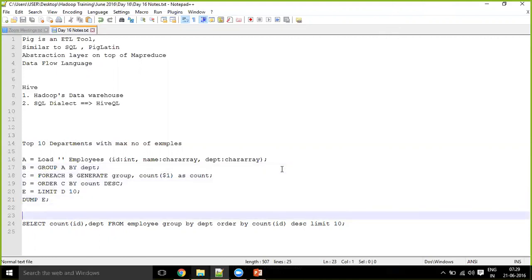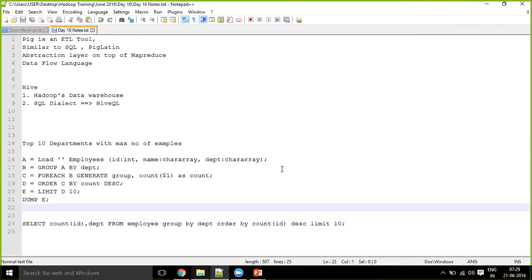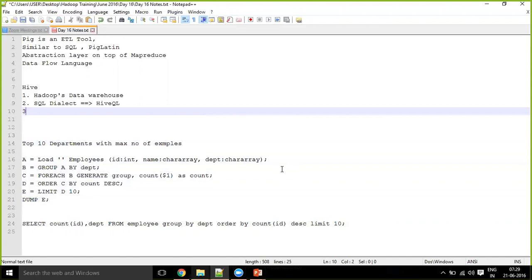So this is one improvement, but anyway, this is not the reason why we prefer Hive over Pig. Hive can do almost all the operations that Pig can do.